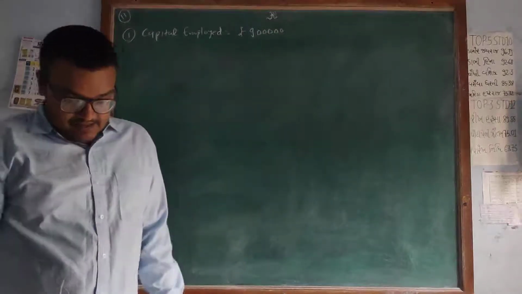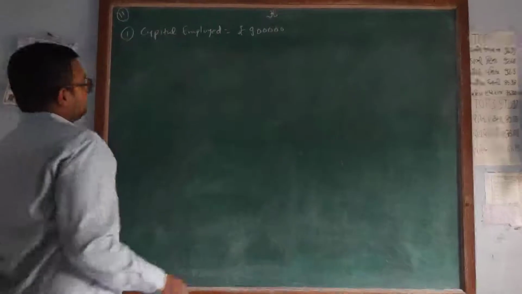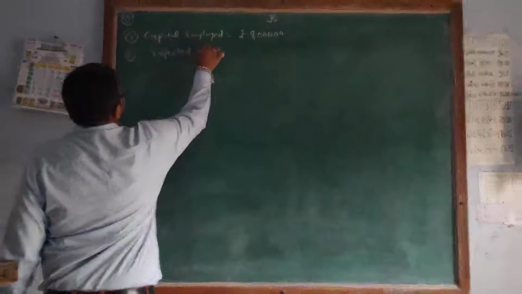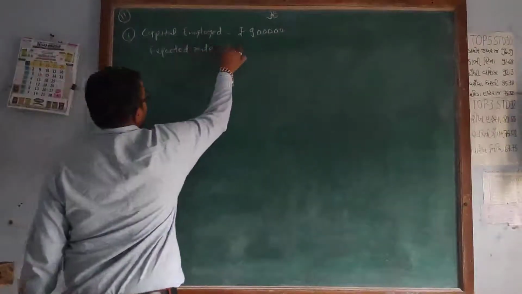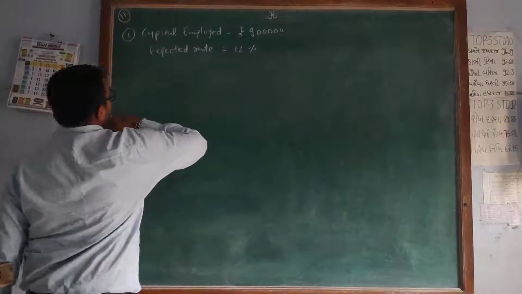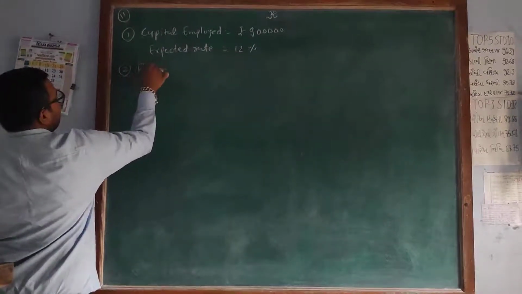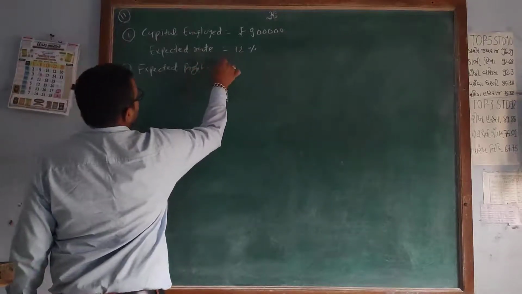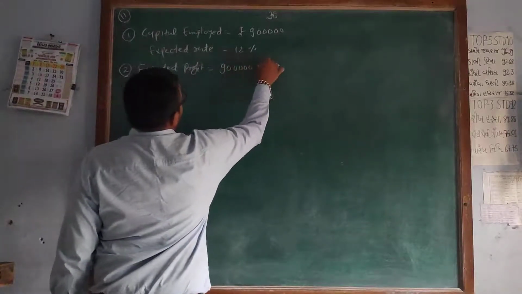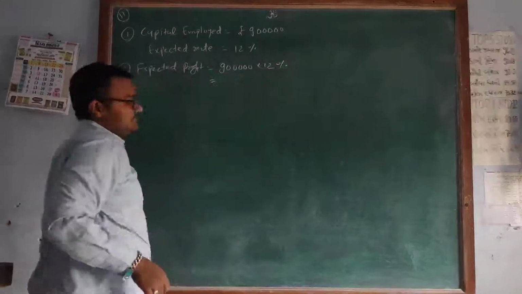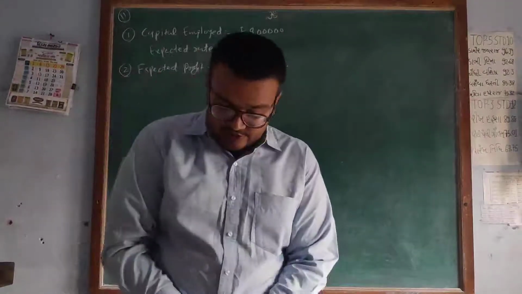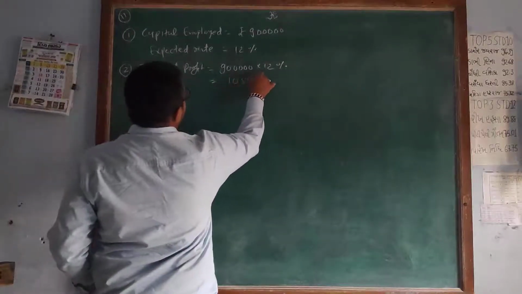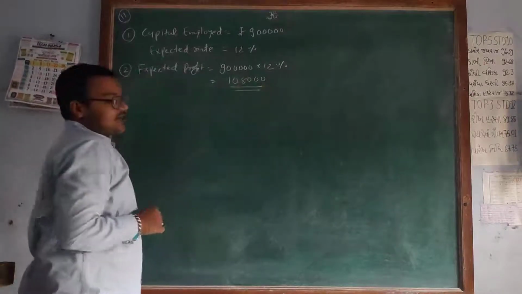Given expected rate of return 12%. So expected profit is equal to 9 lakh into 12%, so the answer will be 1,08,000. Our expected profit.